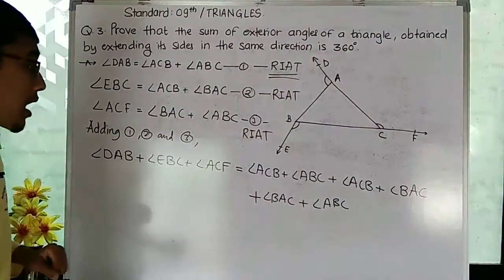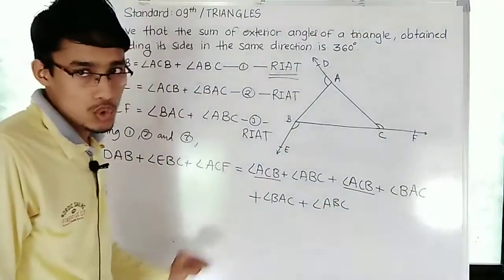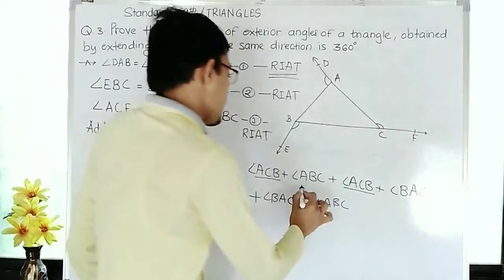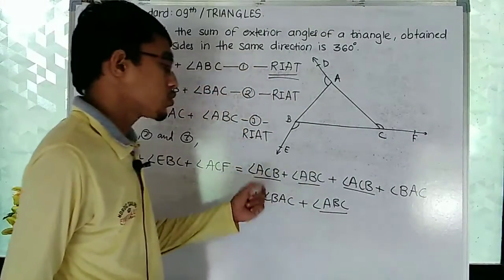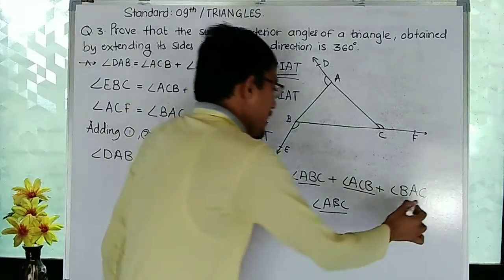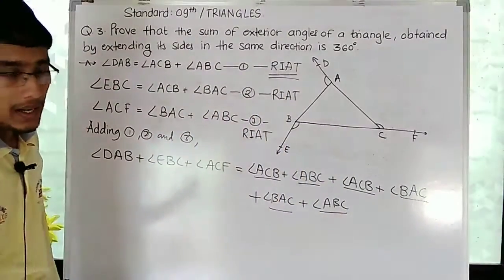Okay, now angle ACB plus angle ACB, that is 2 angle ACB, angle ABC plus angle ABC, that is 2 angle ABC, and angle BAC plus angle BAC is 2 angle BAC.